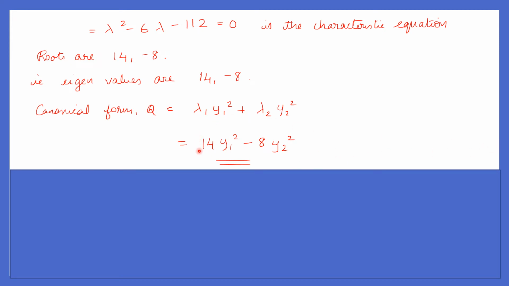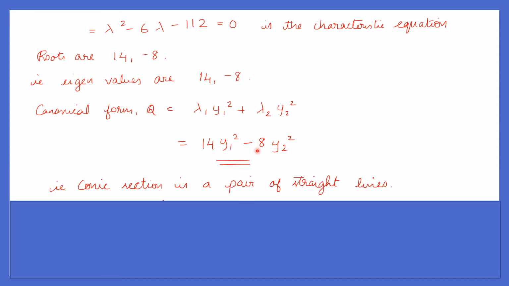Now we have to identify what type of conic section this particular canonical form represents. In the case of a pair of straight lines, the equation is like this: y1 square plus y2 square is equal to 0.